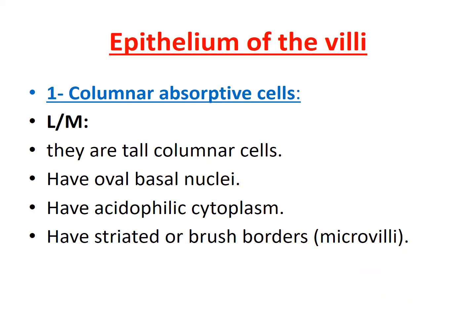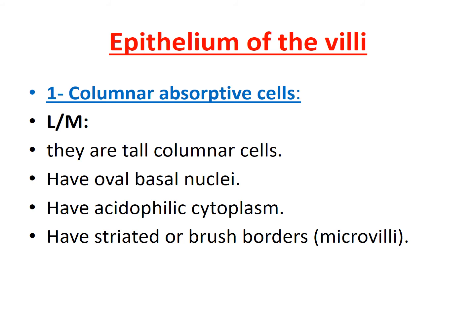Now we will discuss the histological structure of the epithelium of the villi. We said that the epithelium of the villus is formed of three types of cell: columnar absorptive cell, goblet cell, and enteroendocrine cell. The first type of cell, the columnar absorptive cell.